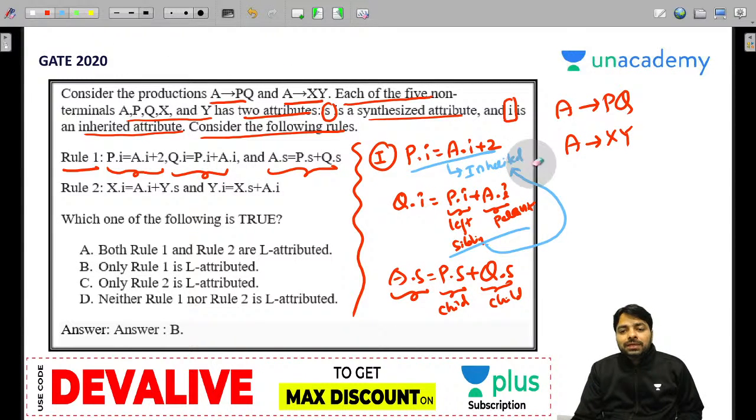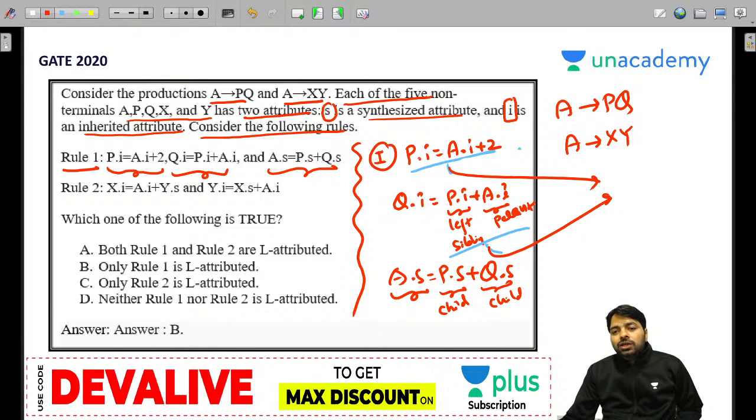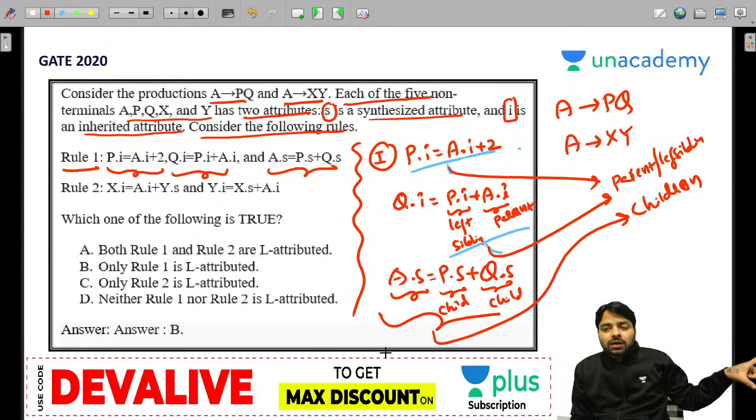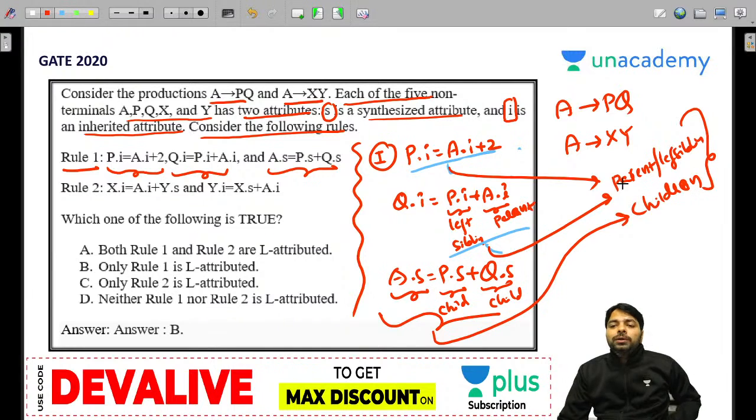So let me write something here to have clarity on what I am actually doing. Here and here, you depend on the parent or you depend on the left sibling. And here you depend on children. When you look at this rule 1, it's going to be used only in L attributed grammar, guys.